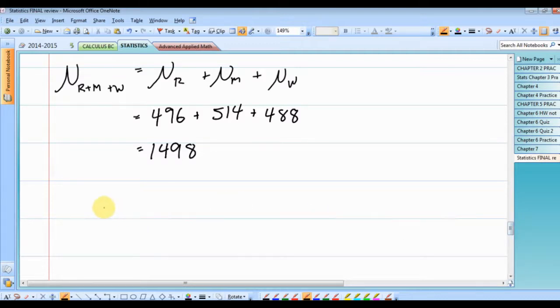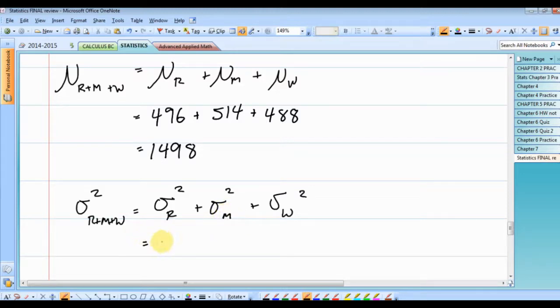Okay, now remember that you can't actually start by looking at the standard deviations. You actually have to go through the variance. So the variance of reading plus math plus writing is going to be the variance of reading plus the variance of writing plus the variance of math.